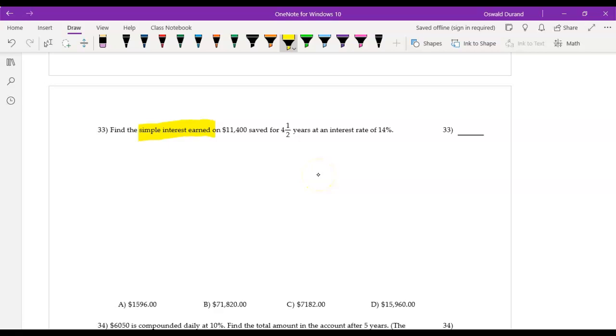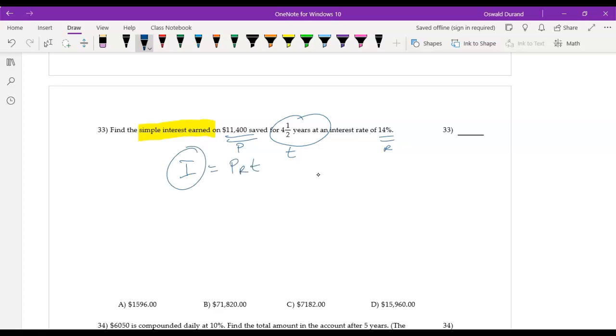The simple interest I is equal to the principal, which is 11,400, times the rate, times the time in years. The formula is basically PRT.